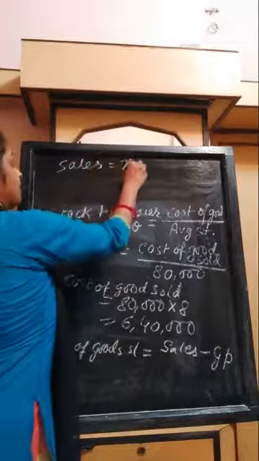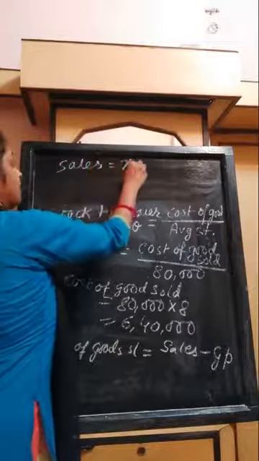Now we will solve and find out the value of X. That means 6,40,000 is equal to X minus 20X by 100, which is 80X by 100. So 80X by 100 is 6,40,000. So how will we find out X?